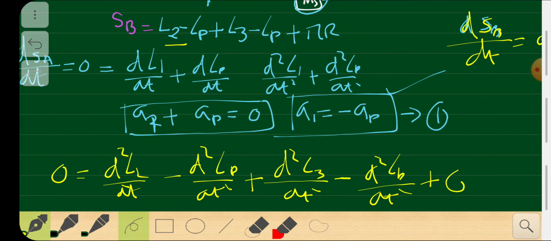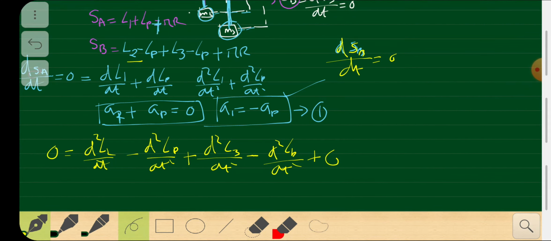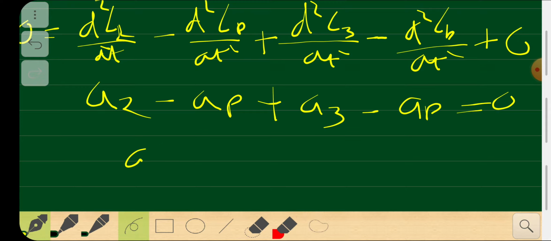It's a constant. So now you get a2, sorry, this is L2, right? So you get a2 minus ap plus a3 minus ap must be equal to 0. Now you can simplify that and you get a2 plus a3 is equal to 2ap, right?